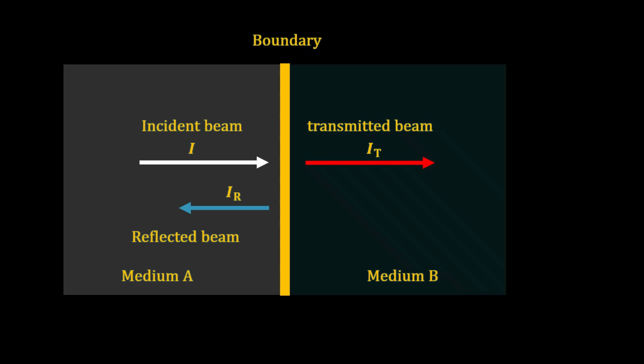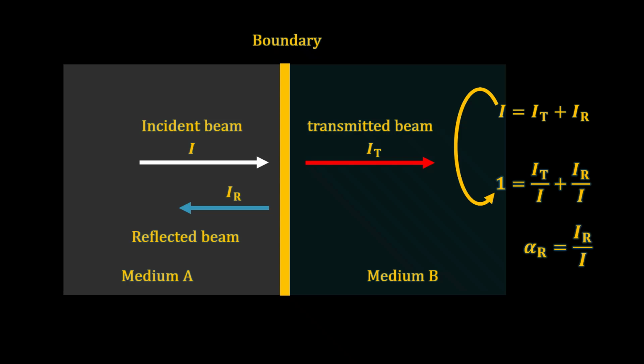Based on the conservation of energy, we can write I equals IT plus IR. And if we divide by I, we have 1 equals IT over I plus IR over I. The ratio IR over I, denoted as alpha R, is called the intensity reflection coefficient.